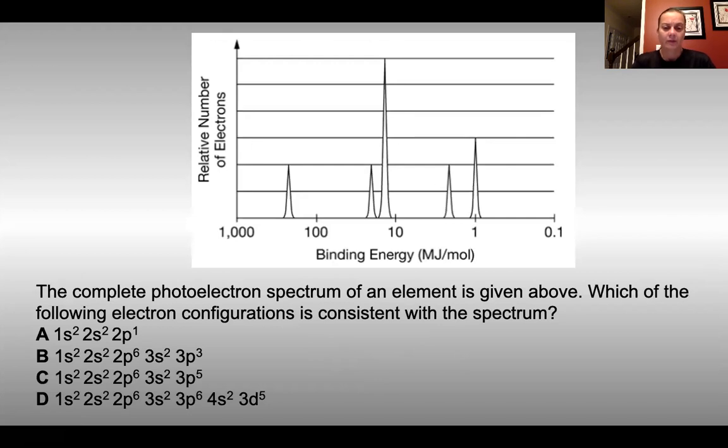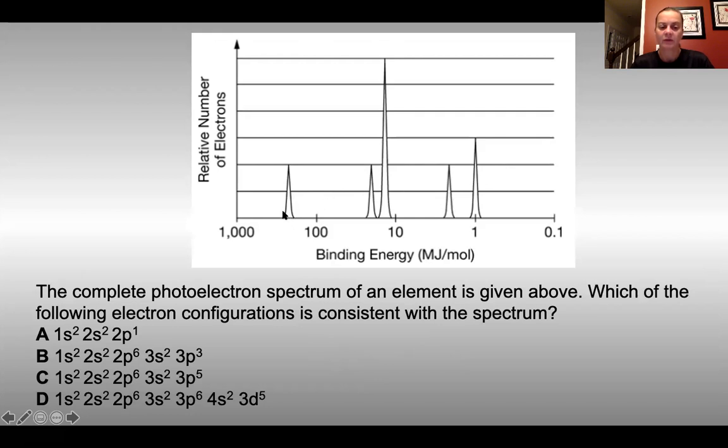Okay, one more. So here we have another photoelectron spectrum. And again, we have 3 peaks of the same size. So we assume 1s, 2s, that would be 3s. This would be 2p. This would be 3p. Now we've got to look at sizes.